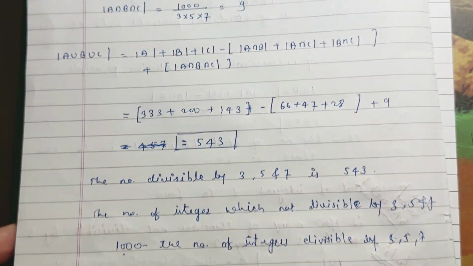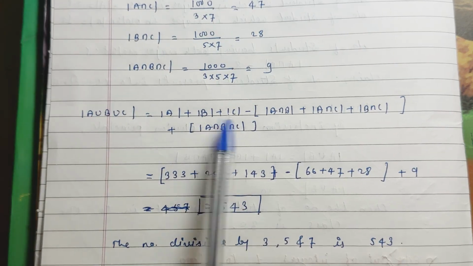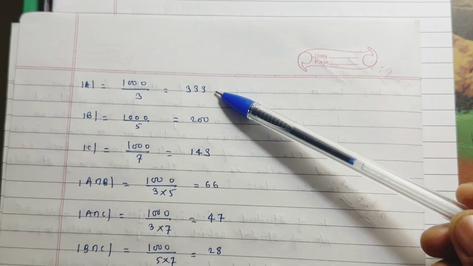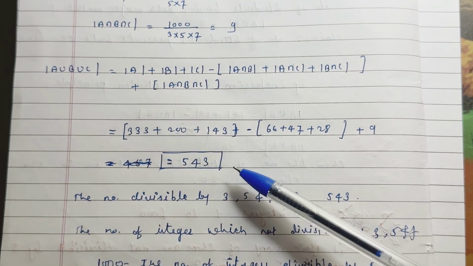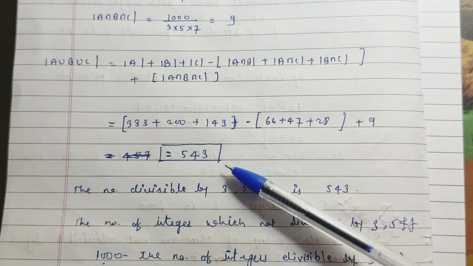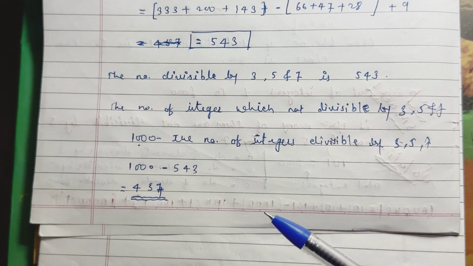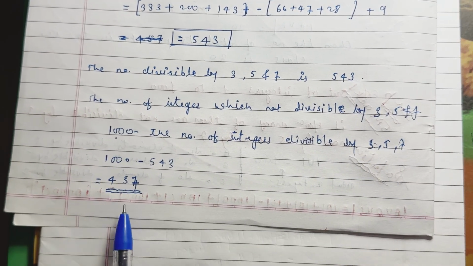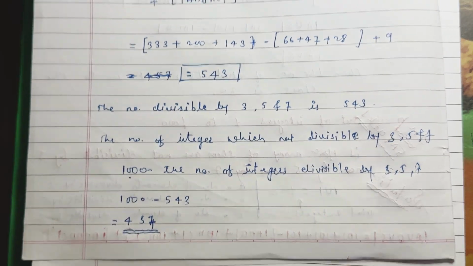If you want, guys, you can refer to this entire solution from here. First of all you need to know the formula, only then you can define the remaining values. So define these values, replace them into the formula, and you will get the number of integers divisible by 3, 5 or 7, but we want those which are divisible by neither. So I removed those divisible by 3, 5, 7 from 1000. I got 457, which is the number of integers not divisible by 3, 5 and 7.